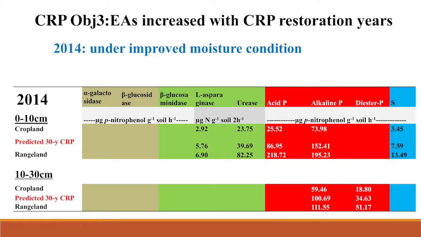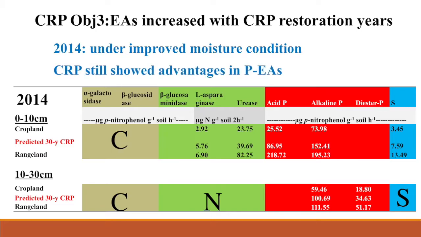However, in 2014, when the soil moisture improved and the precipitation became normal, the surface carbon and second depth carbon, nitrogen, and sulfur enzymes did not show any significant difference with CRP.